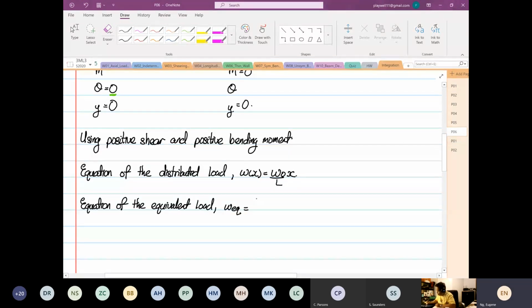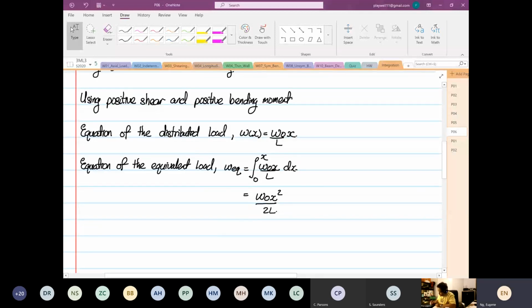So we integrate omega naught x over L dx from 0 to x. This is equal to omega naught x squared over 2L. When x is equal to L, the equivalent load will be omega naught L squared over 2L, which is equal to omega naught L divided by 2.